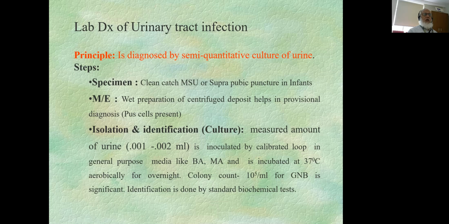In other cases, we don't need this colony count, so don't ask for colony count in diarrheal disease or meningitis or pneumonia or other cases. Colony count is required mainly for urinary tract infection.